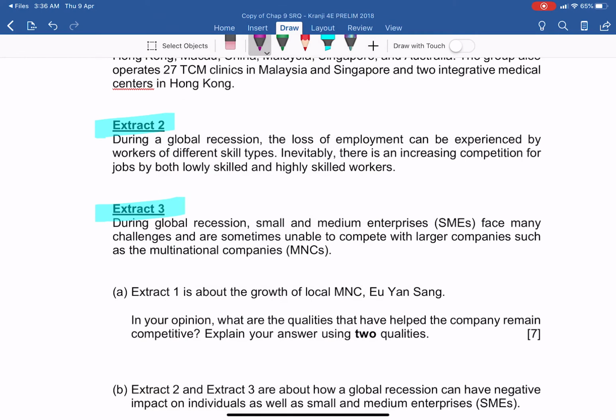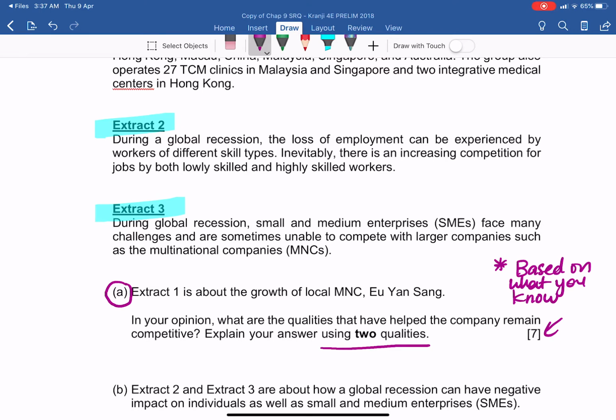It is always an extract that will ask you for solutions, ideas, suggestions. So question A, which is usually the 7 marks question, is based on what you know, based on your own knowledge. Okay, so we'll go through that first.